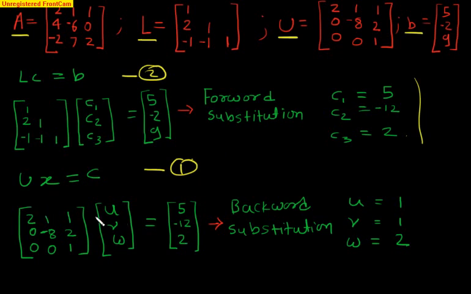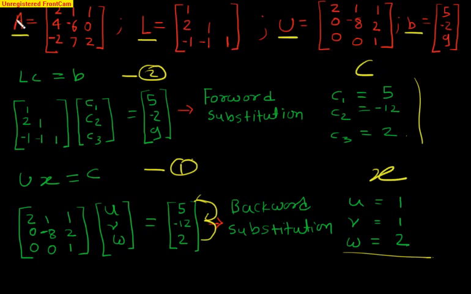Ux equals C. Now here, from the last row, you will get w equal to 2, and you can backward substitute like this to find the remaining two unknowns u, v. That much simple is this. This is x, this is c. I think you understood how to find x by factorizing A in the form of LU.